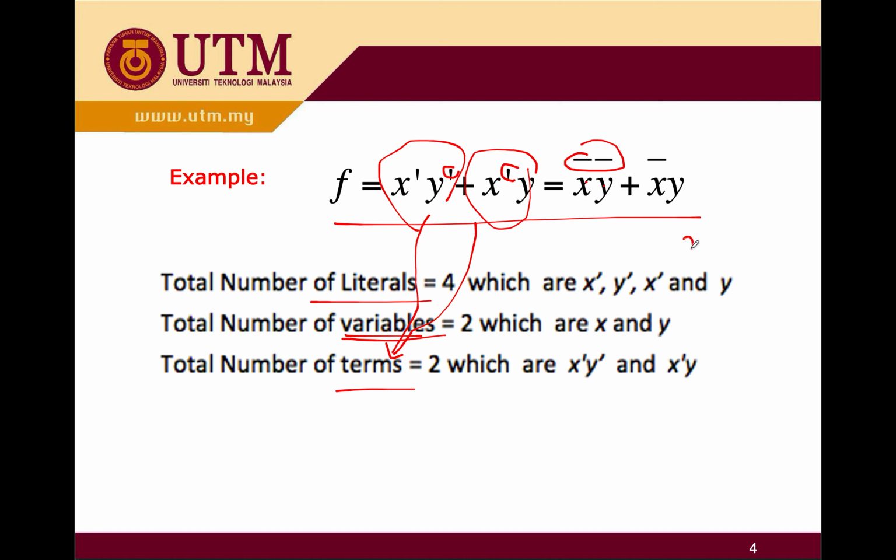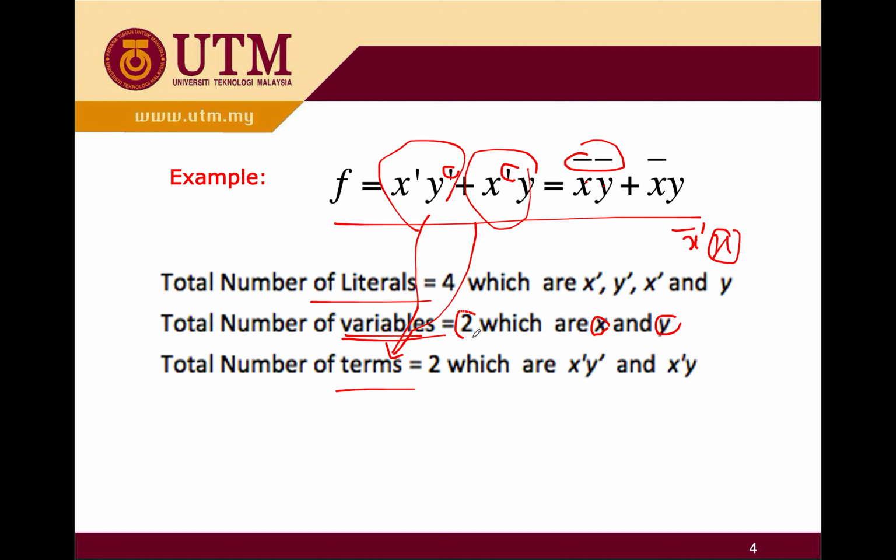It doesn't matter if it is x bar or x prime, or even x only, but still it's x. So it means one variable, and then there is another one, y, isn't it?